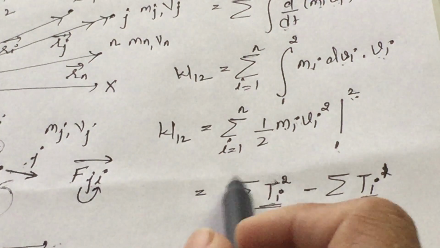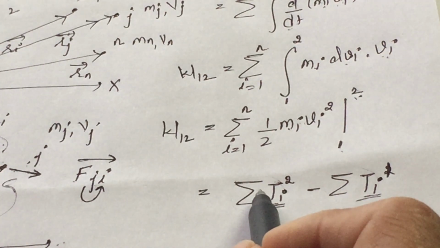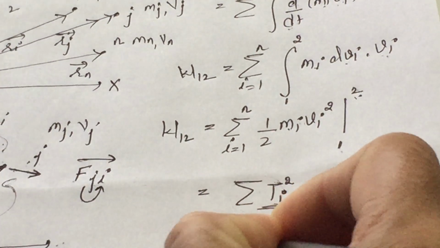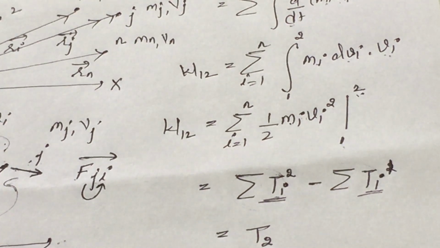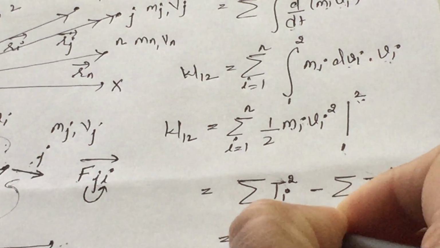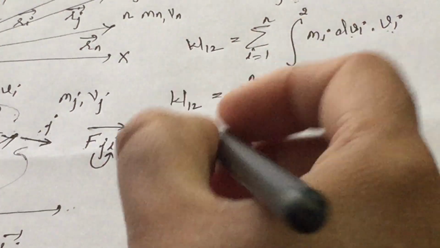If we take the summation, we get the total energy of the whole system. It represents the total kinetic energy of the whole system at the final point, and this is the initial total kinetic energy of the whole system.